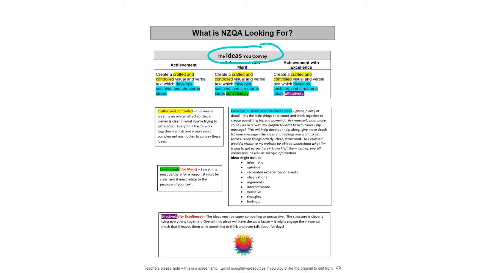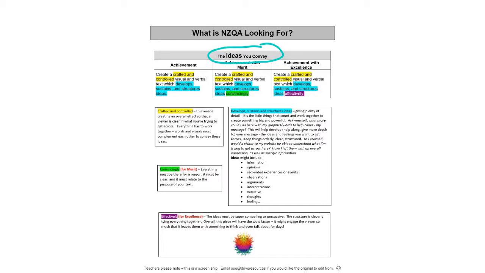So you've got to have a crafted and controlled website. And within that website, you have to develop, sustain, so that means sustain your ideas and structure your ideas. Okay, so sustaining means you can't have one fantastic page and then the rest of the website's a bit of a flop. So you've got to sustain it throughout your text.